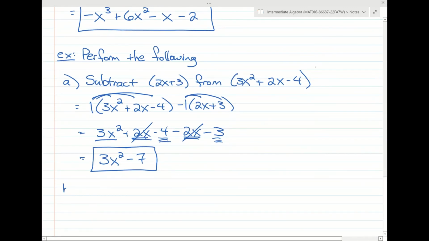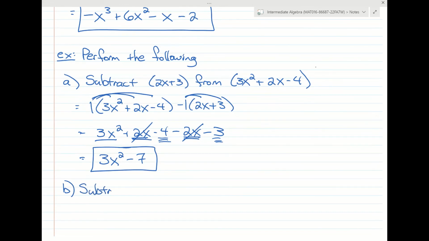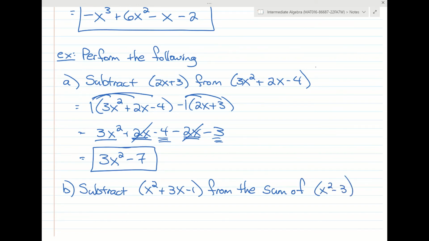And then I'll give you one. This is the hardest kind of problem you'll see from this section. Is if I ask you to subtract x squared plus 3x minus 1 from the sum of x squared minus 3 and 2x squared plus 4x. You say I can copy it down.